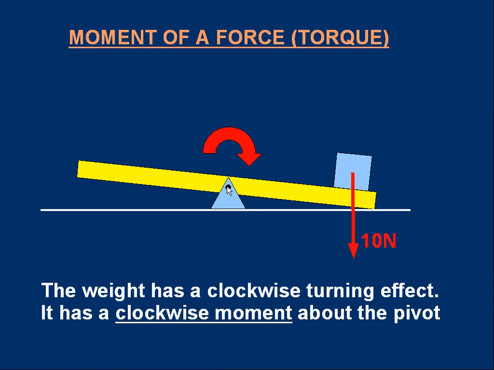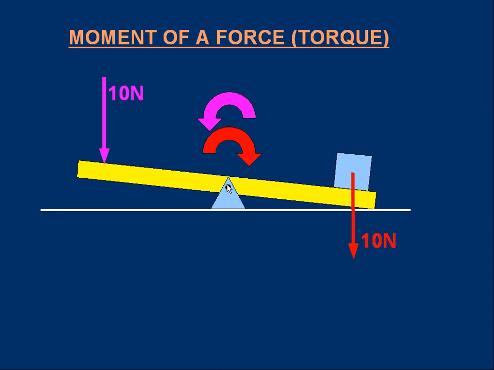What would I have to do to return the seesaw to the level? Well, one thing I could do is apply a force on the left. The weight was 10 newtons on the right. If I apply a force of 10 newtons on the left, the same distance from the pivot that the weight was, the 10 newton force will have the effect of making the seesaw rotate anti-clockwise or counterclockwise, purple arrow.